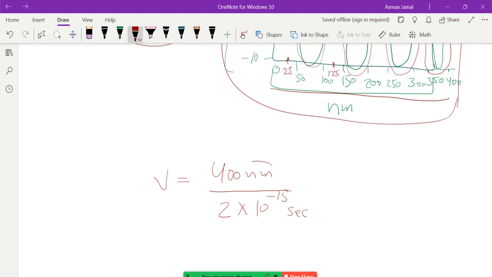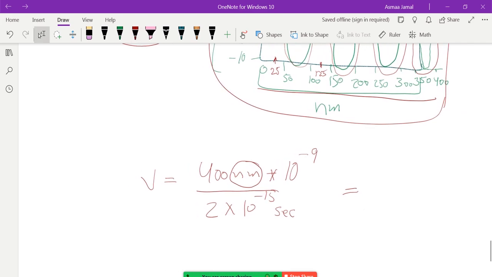And again, we need to convert the nanometer into meters, so multiply by 10 to the power of minus 9, which means the velocity will be 2 multiplied by 10 to the power of 8 meter per second.